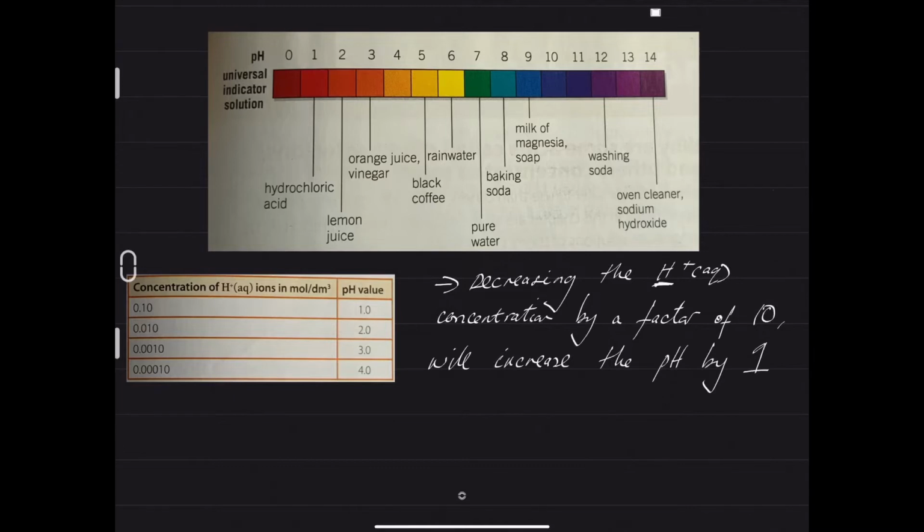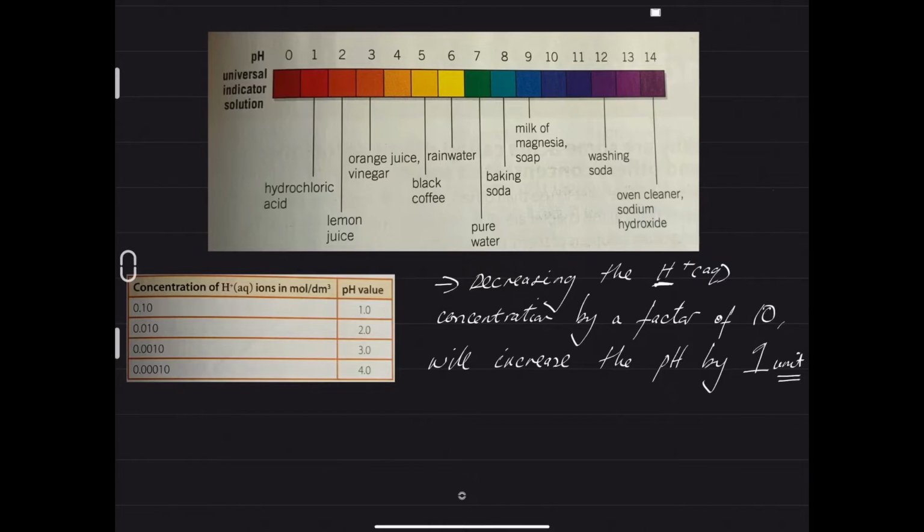Look at it from another point of view. If you increase the H plus ion concentration by a factor of 10, you will correspondingly decrease the pH by 1 unit. Let's put 1 unit there so we don't confuse it with pH 1.